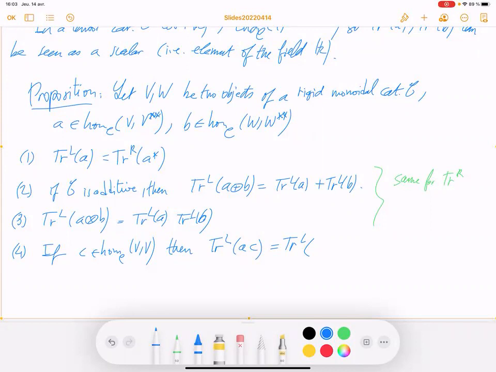You can commute. Here, you can almost commute. In fact, you need to take the double dual.